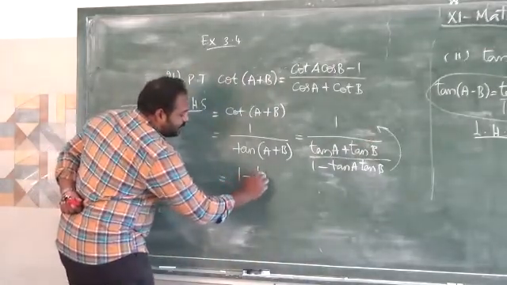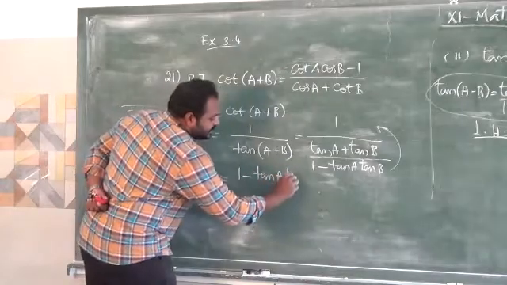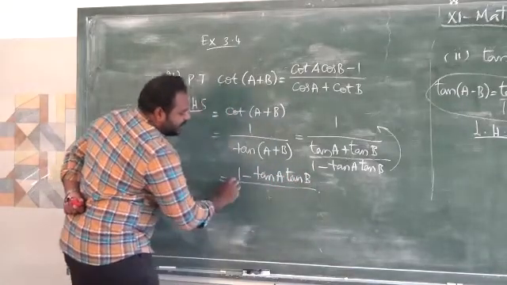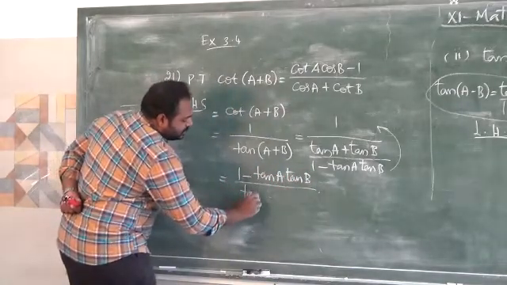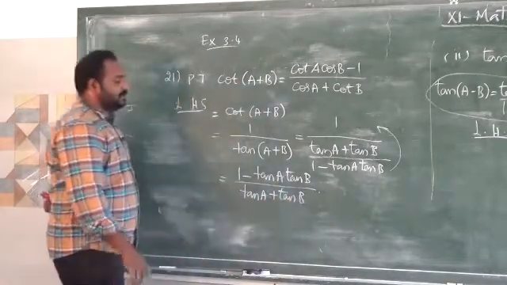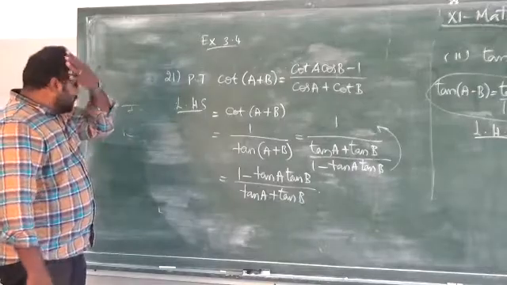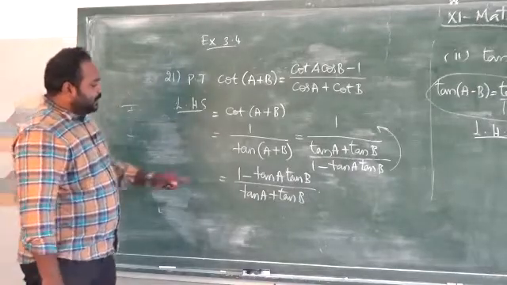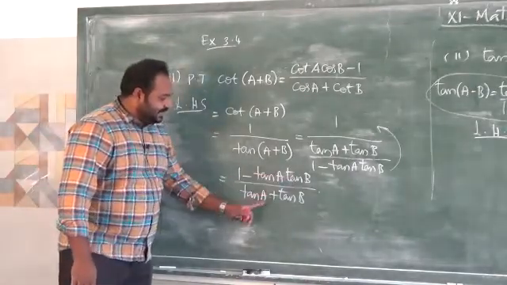It will be 1 minus tan A tan B by tan A plus tan B.